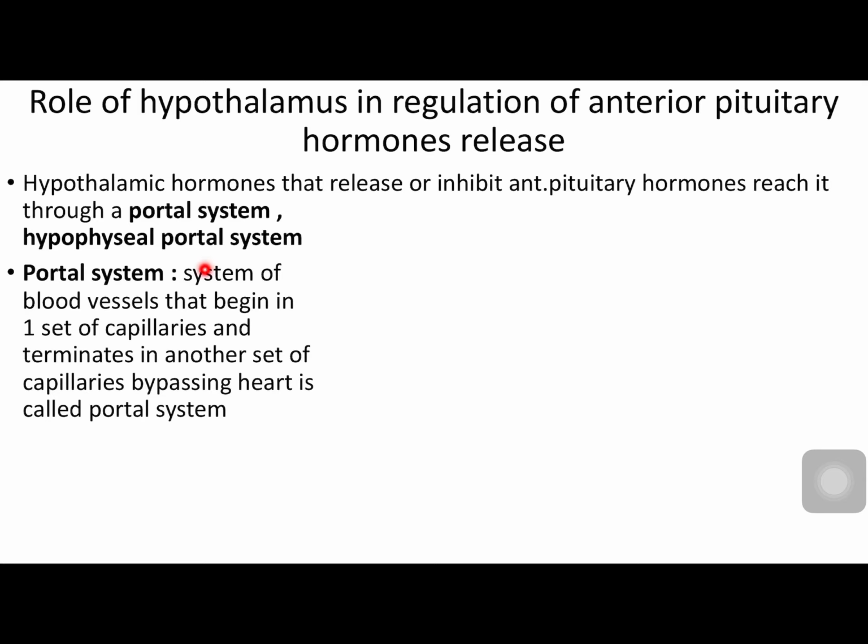A portal system is a system of blood vessels that begins in one set of capillaries and terminates in another set of capillaries, bypassing the heart. I repeat, a system of blood vessels that begins in one set of capillaries and terminates in another set of capillaries, bypassing the heart, is called a portal system. The portal system which connects the hypothalamus to the anterior pituitary is called the hypophyseal portal system.